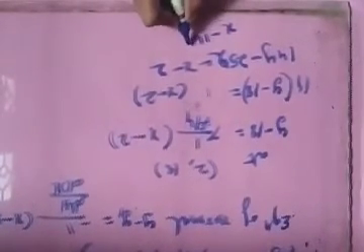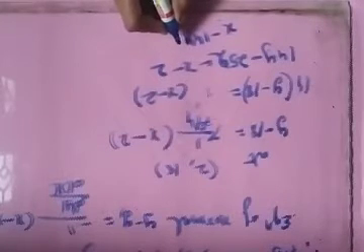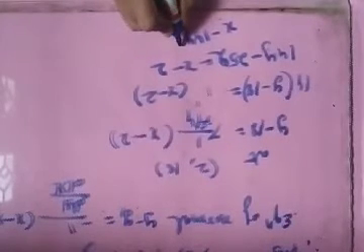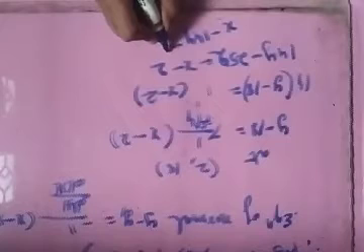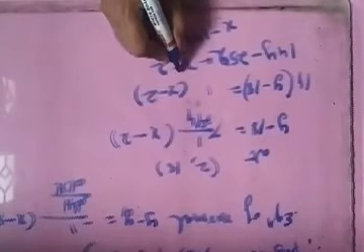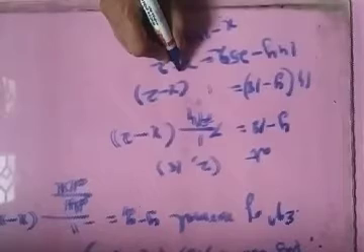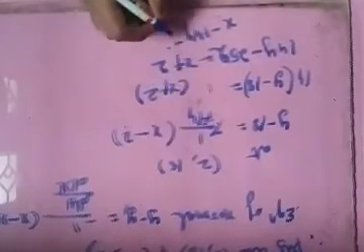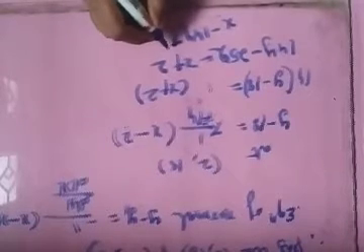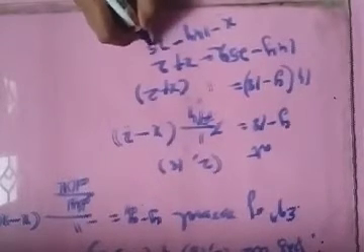Therefore, the required equation is x minus 14y, so minus into minus it becomes plus, isn't it? Minus 254 is equal to 0.